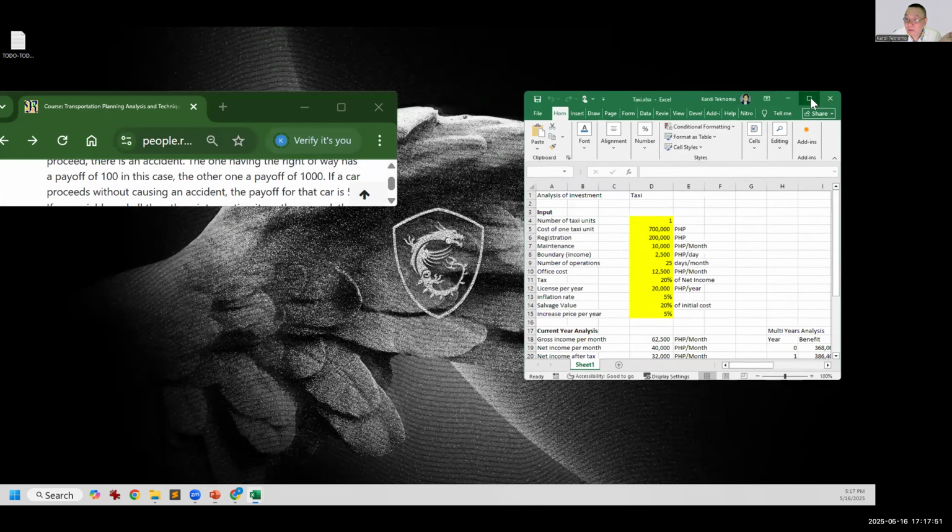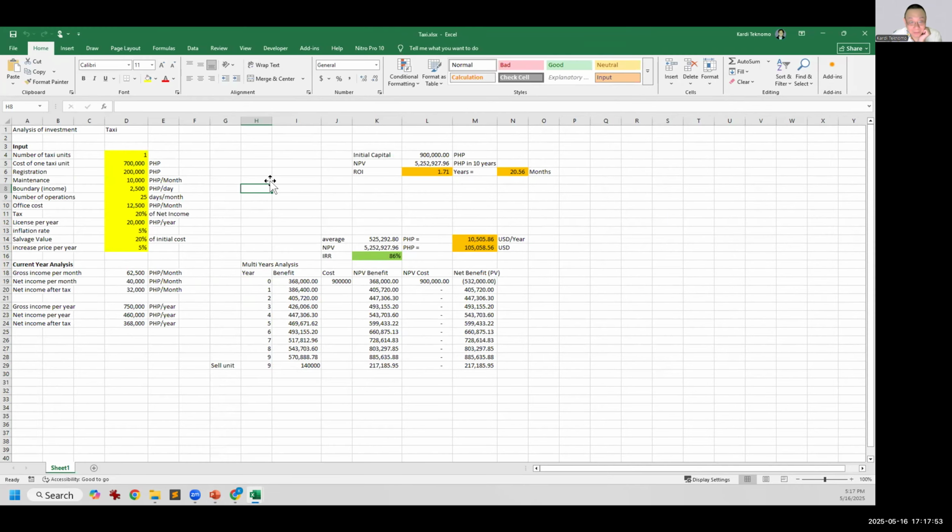And we compare this with a taxi, like Uber or Grab. Say you own only one taxi unit, and you buy one taxi unit. This is the price, and then you need to pay the government for the registration, and this is the maintenance for months.